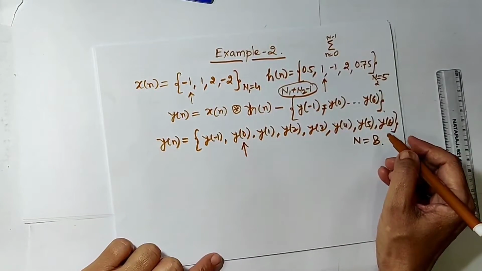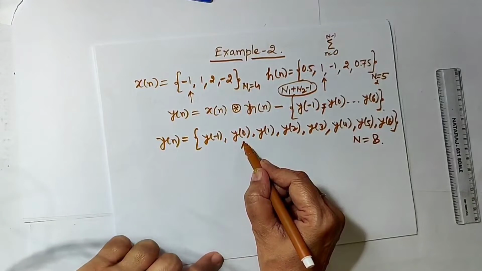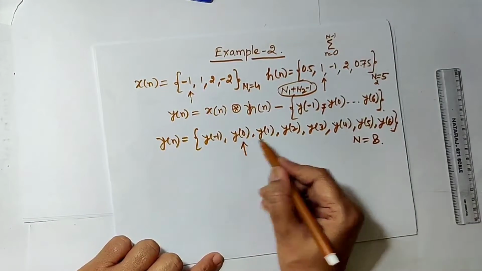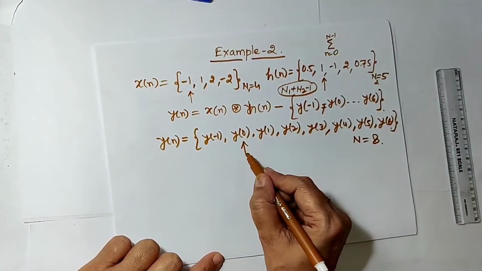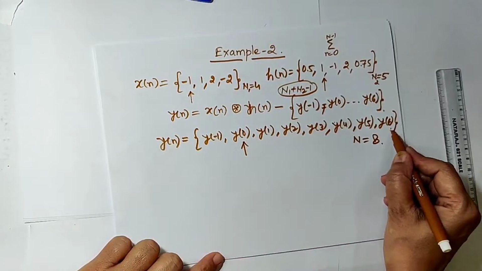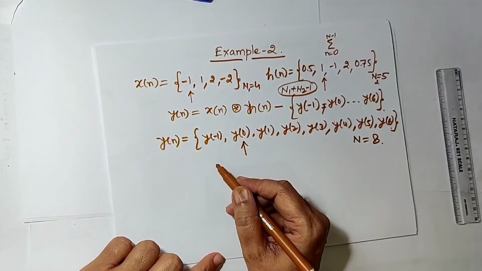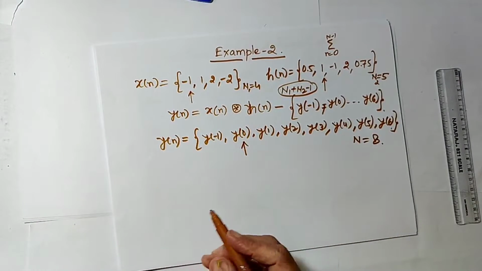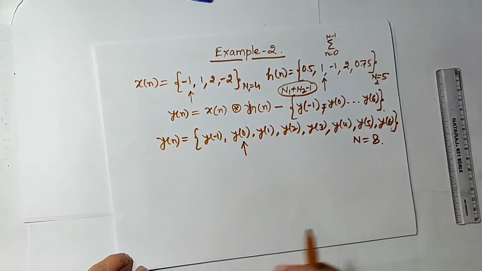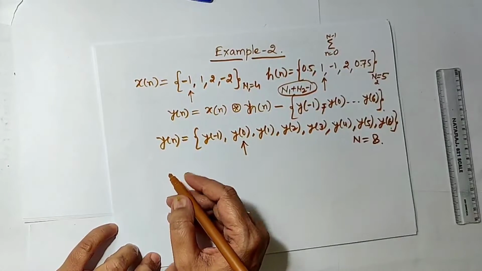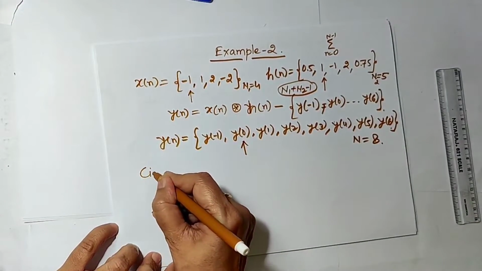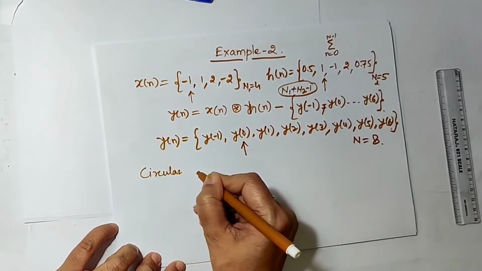So we will add 0 to manage the y0 and y6 values. If the length exceeds, we'll add in the earlier position, I mean the previous position. So the problem will be solved. Listen carefully to what we are doing here just to get the circular convolution.